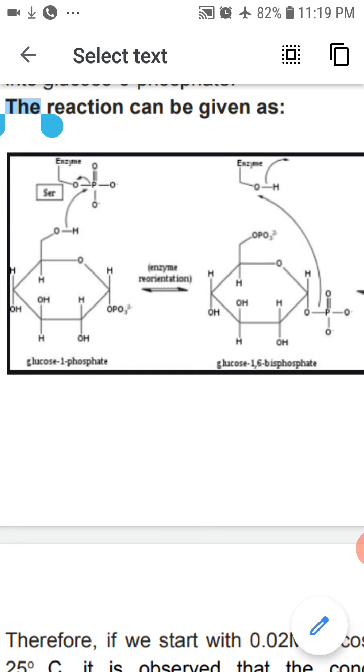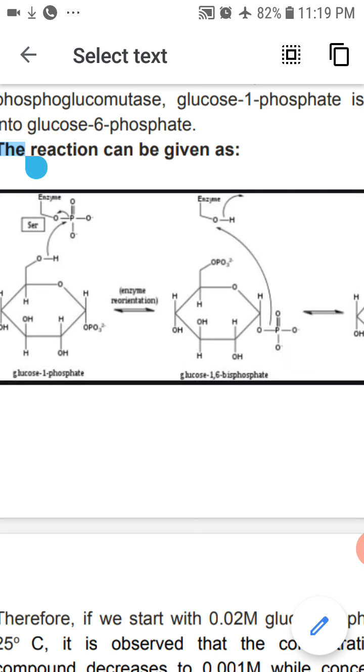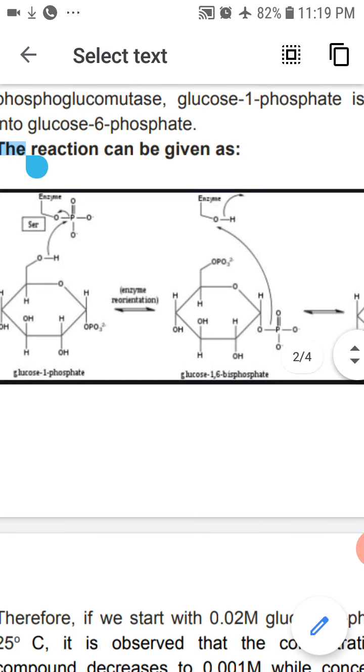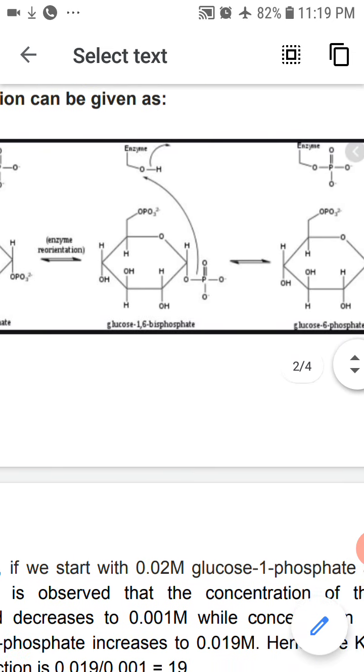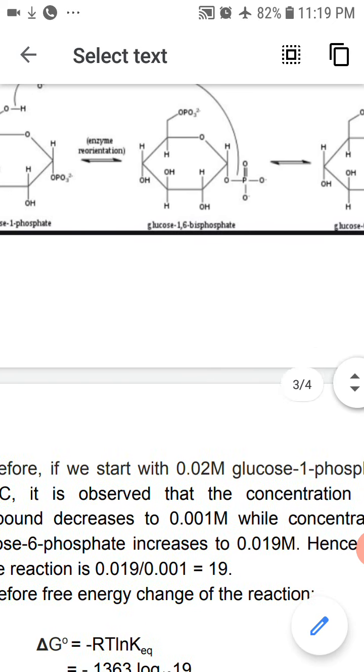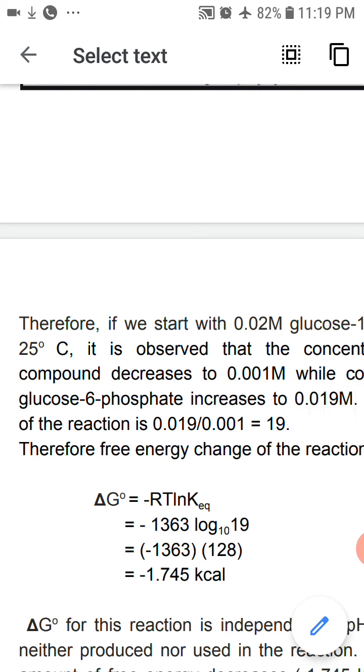In presence of enzyme it is converted into position 6. It means glucose 6-phosphate is formed, where a phosphorus oxygen bond is broken and a new phosphorus oxygen bond is formed at position 6. This conversion depends upon the concentration of reactants and enzyme taken in the reaction.